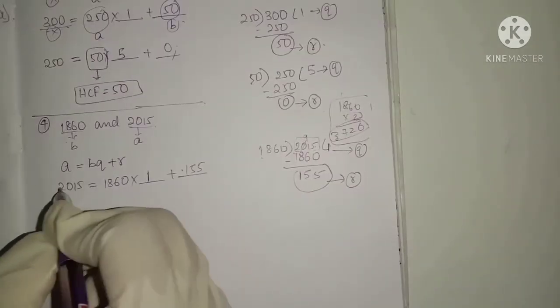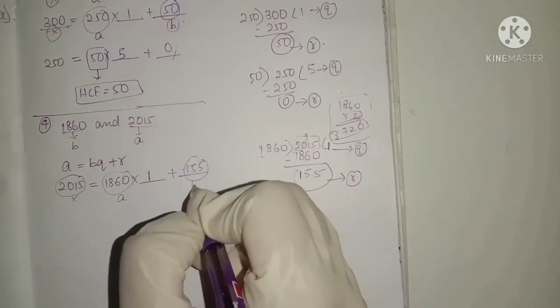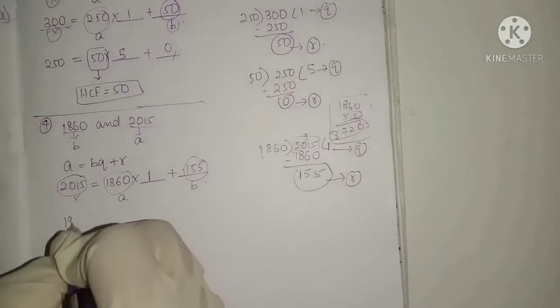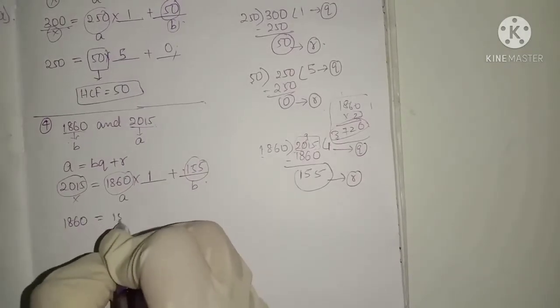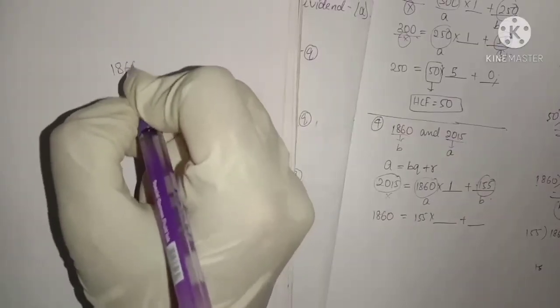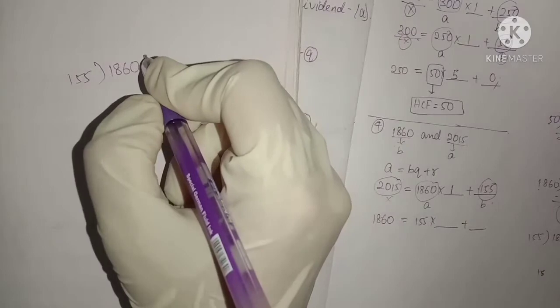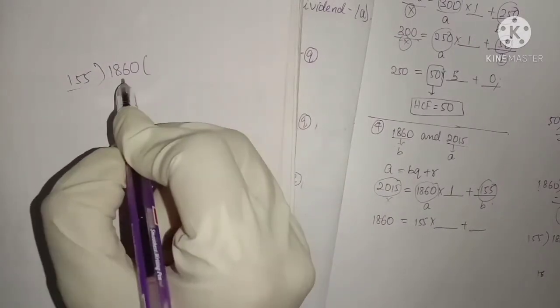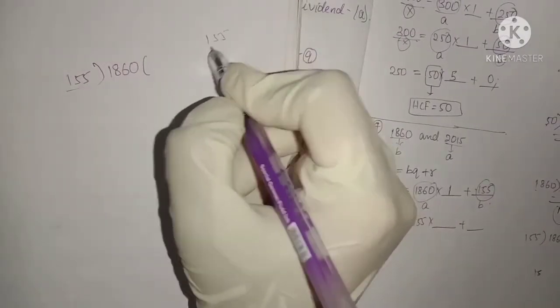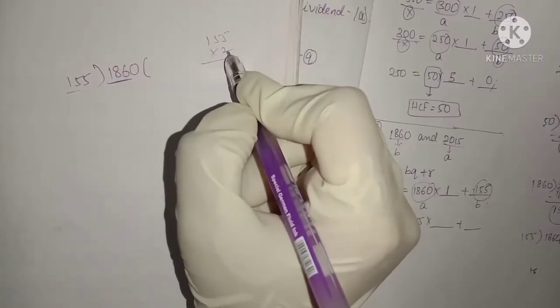We have no work with this number. Take this as A, this as B for the second step. So 1860 equals 155 into quotient plus remainder. So we are going to divide 1860 by 155, which is our divisor here. So we can take 155 for one time because for twice it is greater. First let us take these three numbers.